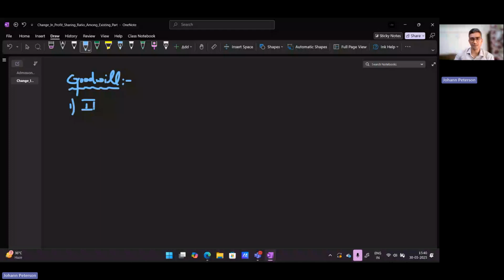How will its value fluctuate? Example, in case of losses to a business, you're really talking about a partner business, the goodwill goes down.